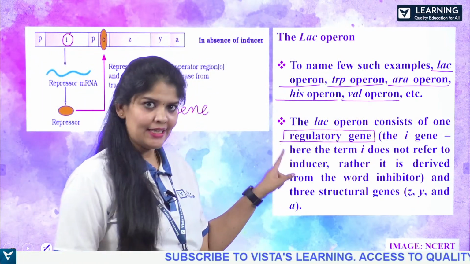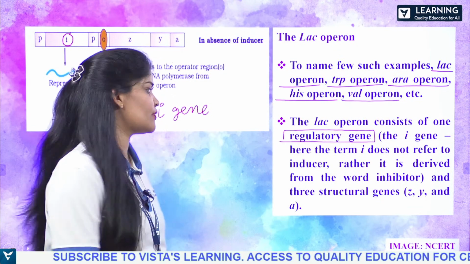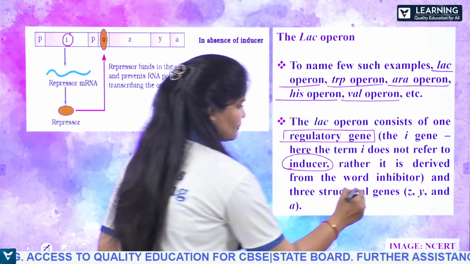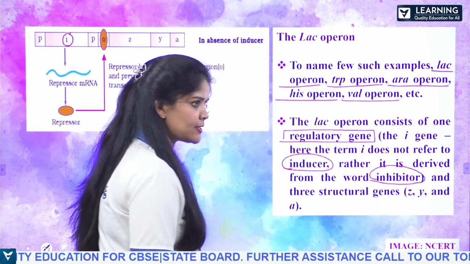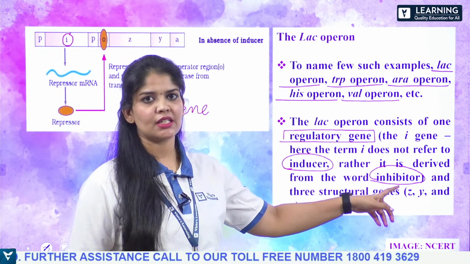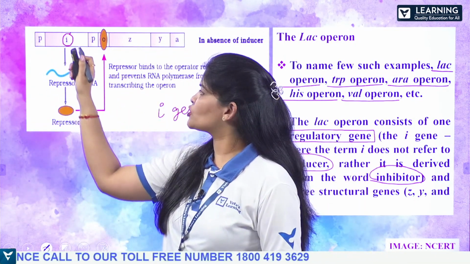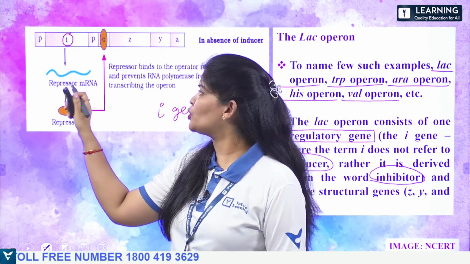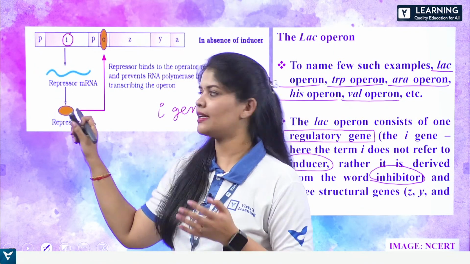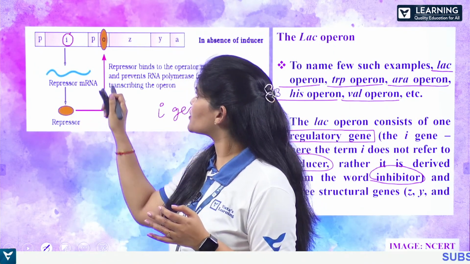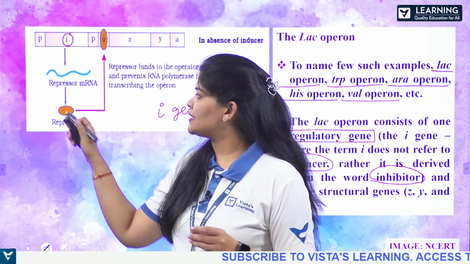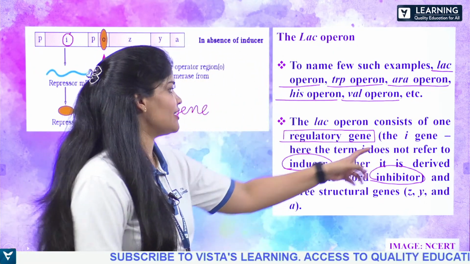The term I doesn't refer to inducer; rather it is derived from the word inhibitor, because the lac operon is negatively regulated by the repressor, and this repressor inhibits. The I gene is transcribed into repressor mRNA, which is translated into the repressor, and this repressor binds to the operator, which is present next to the promoter. As it is inhibiting, we call it the I gene.